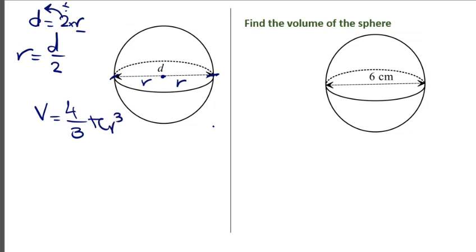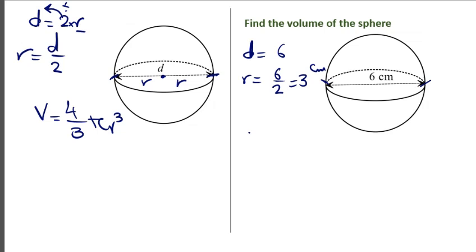Okay, let's see an example. Find the volume of the sphere. 6 here is a radius or a diameter? 6 here is from the beginning to the end, so it is a diameter. Diameter equals 6. The radius will be 6 divided by 2, which is 3 centimeter.